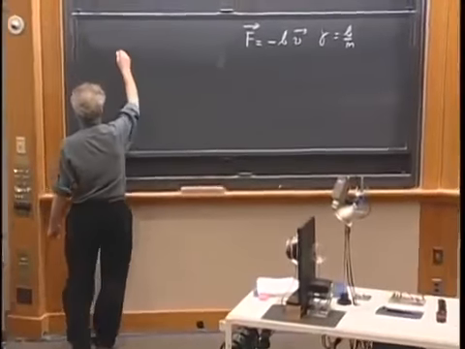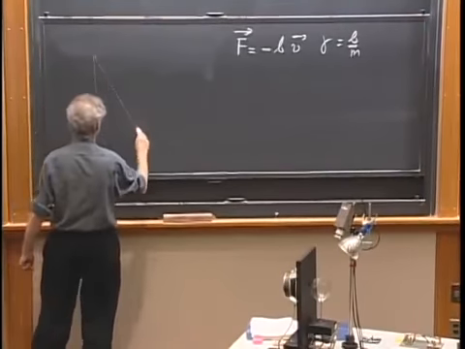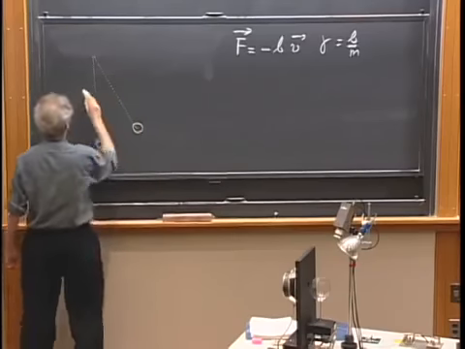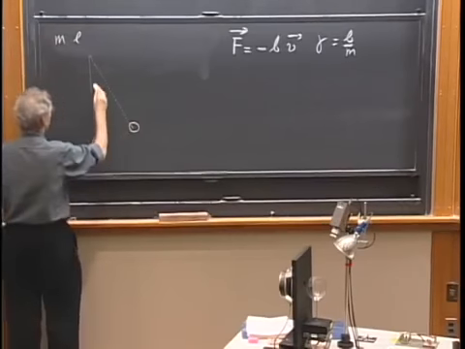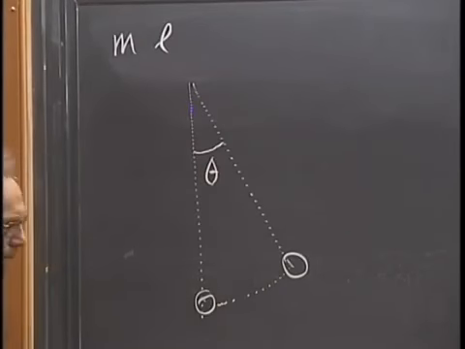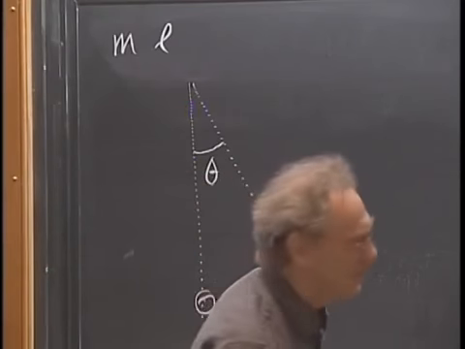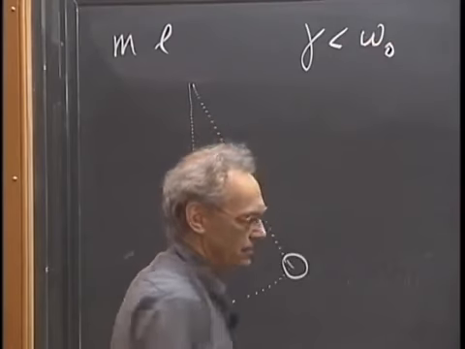So I have a pendulum, and this pendulum has mass m and length L, and I will assume that the mass of the string is negligibly small. I have damping, and this is the case that gamma is smaller than omega 0.